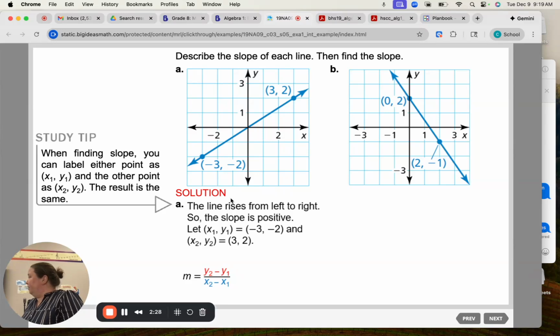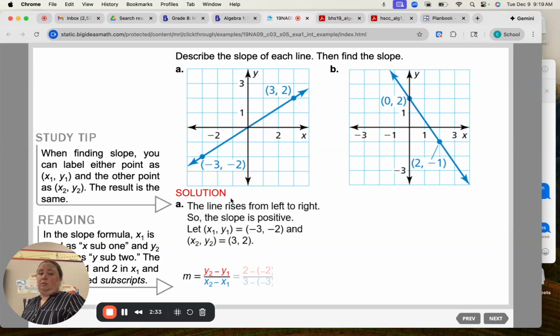So my y2 would be 2 and my y1 would be negative 2. So up here we have 2 minus a negative 2. When you have a minus minus, it becomes a plus. The bottom is 3 minus a negative 3, so 3 minus minus is a positive. So it translates to 2 plus 2 and 3 plus 3, which is 4 over 6.